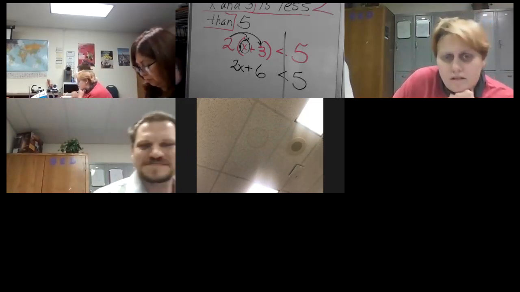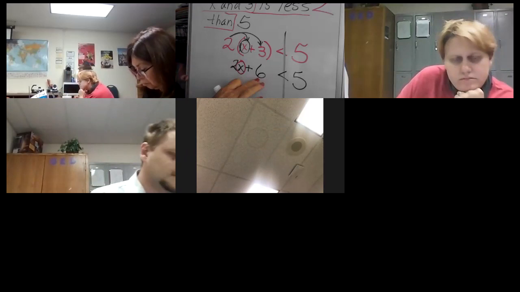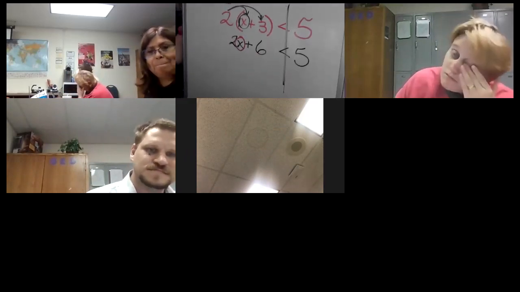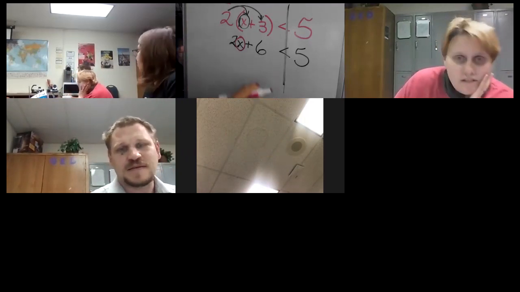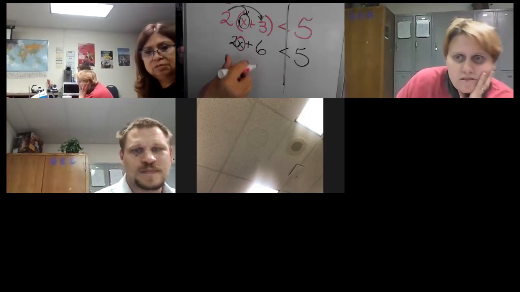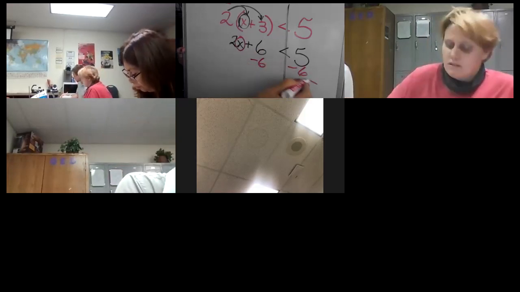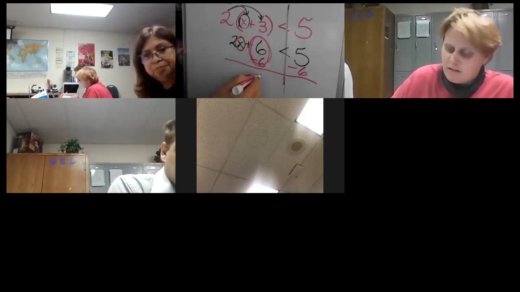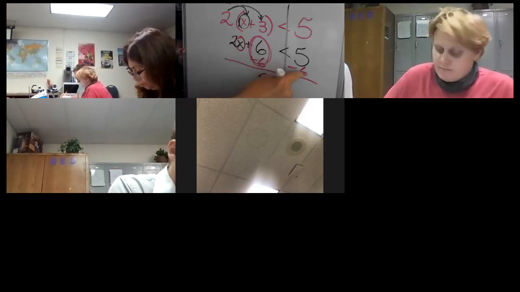Now from here, it gets better, because now when we circle the variable, we need to get rid of the 6 and the 2. Which one do we get rid of first? The 6. It's a plus 6 right now, so I have to subtract the 6. Be careful with your subtraction here. We have a 2x left. We did not divide or multiply by a negative.